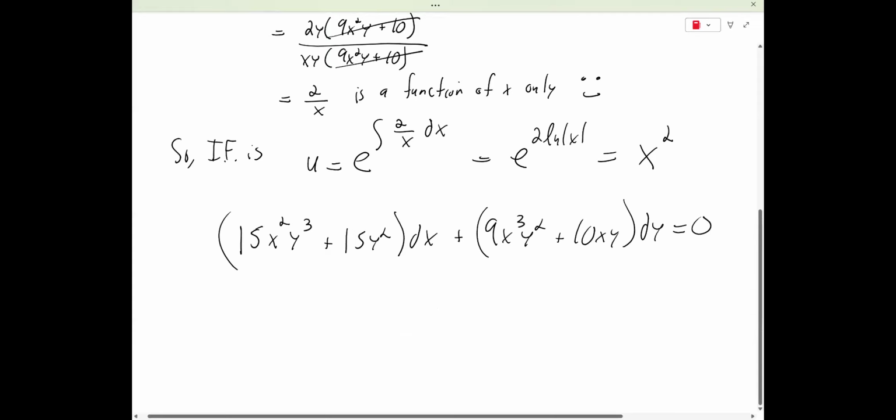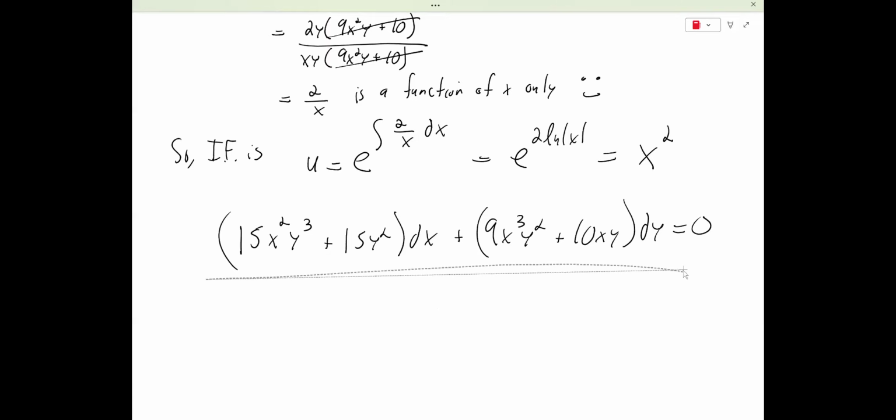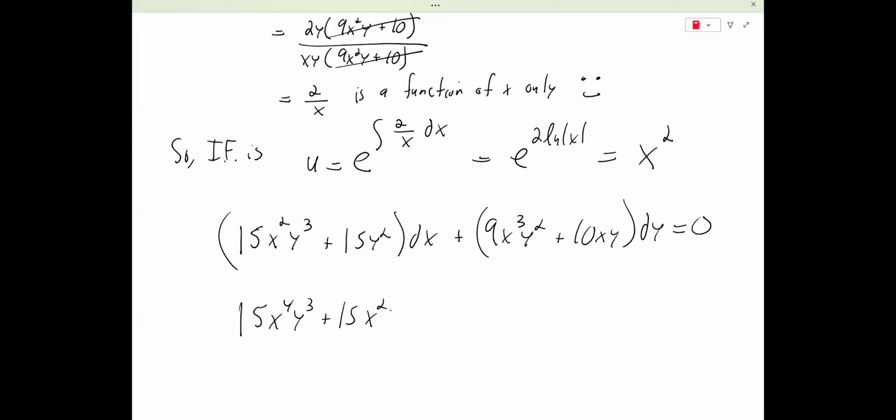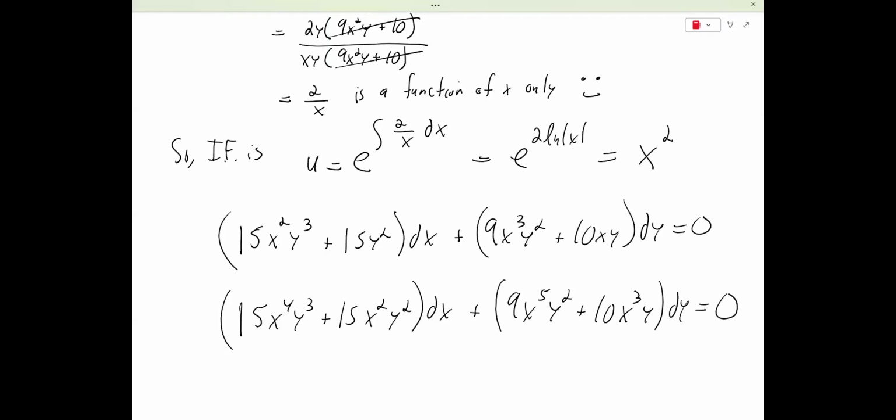Now the integrating factor, you multiply through by it, all the way across. Basically, it's like multiplying through by x squared. So then that becomes 15x to the fourth y cubed plus 15x squared y squared dx plus, multiplying by x squared over here, 9x to the fifth y squared plus 10x cubed y dy equals 0.